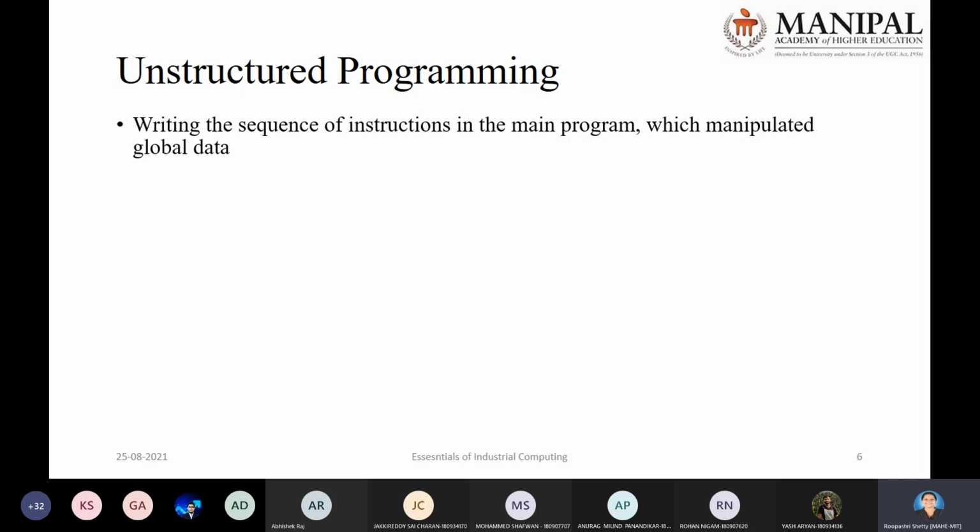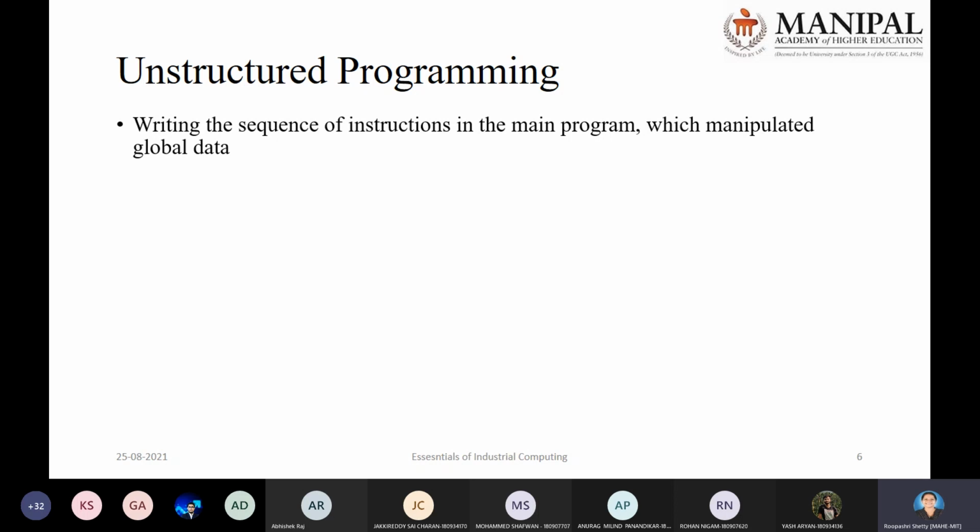And also, when you are writing all the instructions inside the main program, there is no concept of reusability at all, right? If I have to perform an operation 100 times in my program, I will have to write it 100 times. Okay. So there is no concept of reusability in case of unstructured programming.